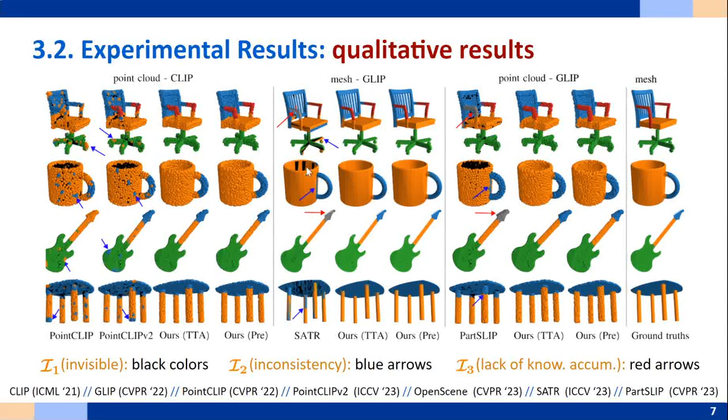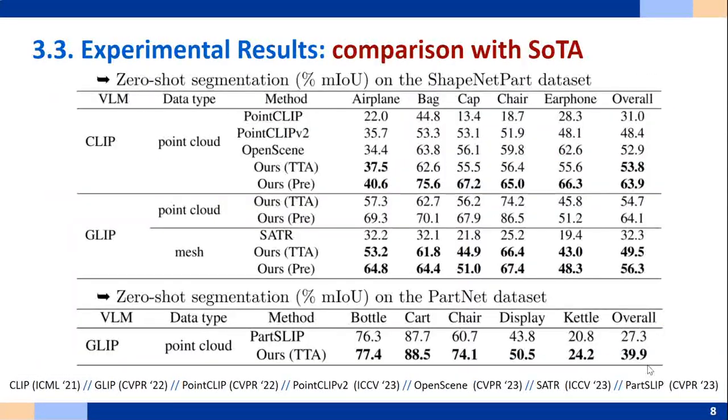And from this figure, we can see that our method gives a better segmentation result that can alleviate these three issues here. We also provide the numbers by comparing with the state-of-the-art. And from this table, we can see that our method consistently outperforms the benchmark methods.